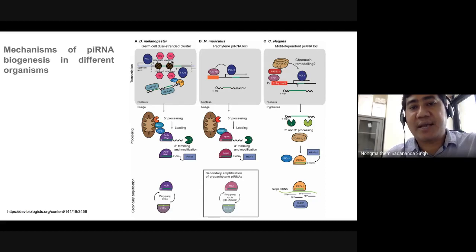Rhino recruits factors and changes the epigenetics of that particular locus, most importantly H3K9 trimethylation, and this allows the recruitment of RNA polymerase from either side, because both strands are modified equally. So it allows transcription from both sides.